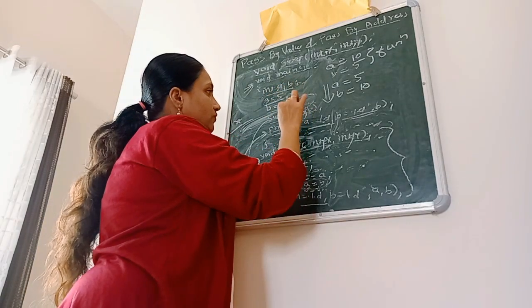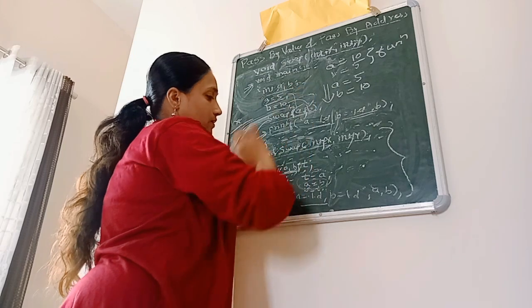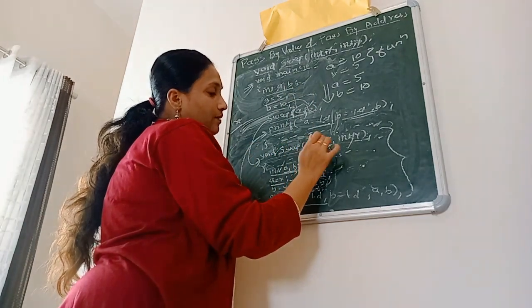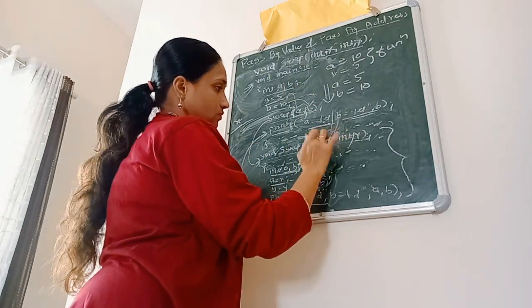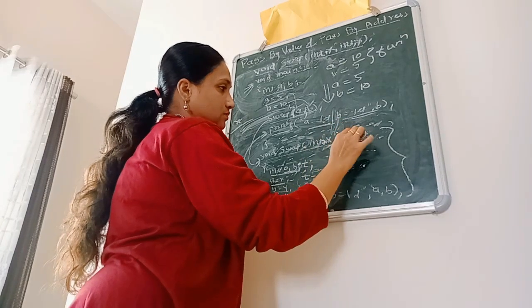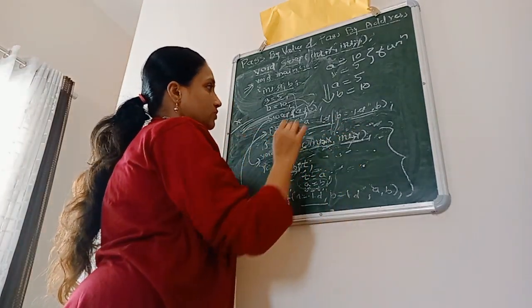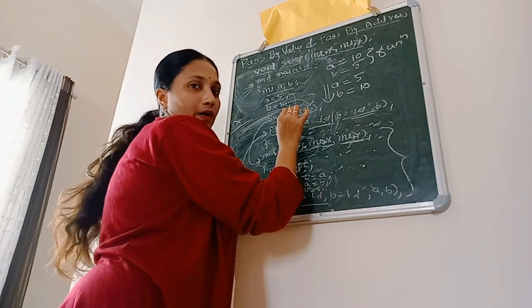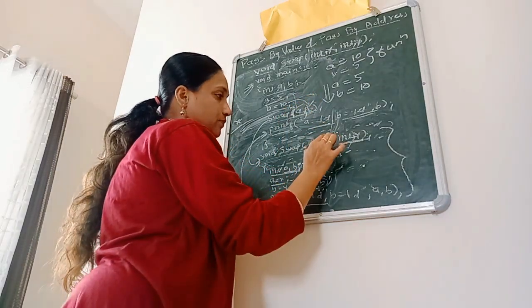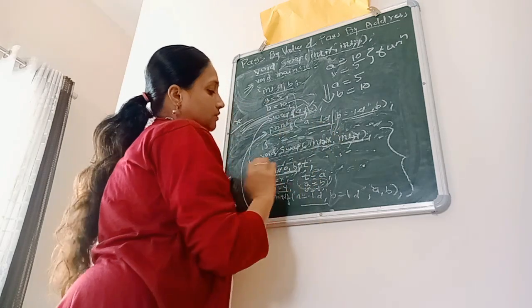Whatever is the address of a is passed and b's address is passed, and here, in pointers, sorry, we have to take pointers. In pointers we are accepting the values of addresses. So we are passing the address here and we are accepting the address in pointers.